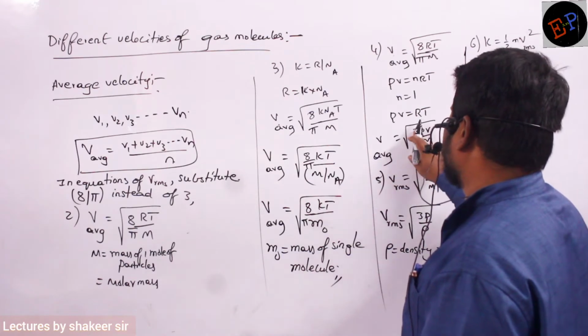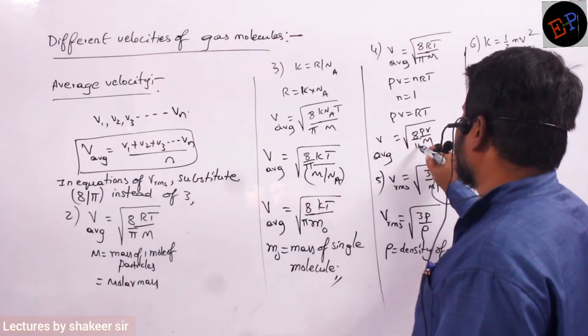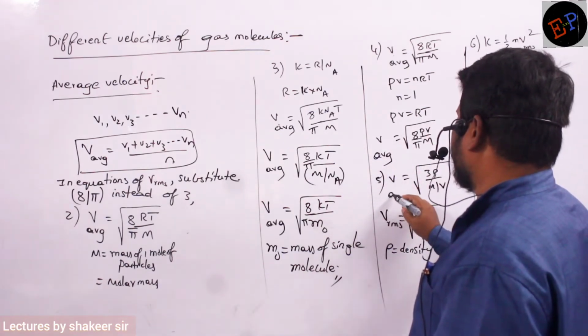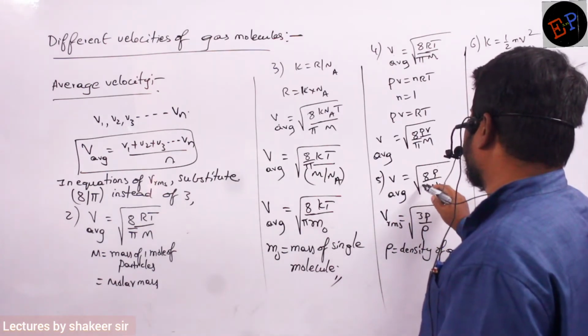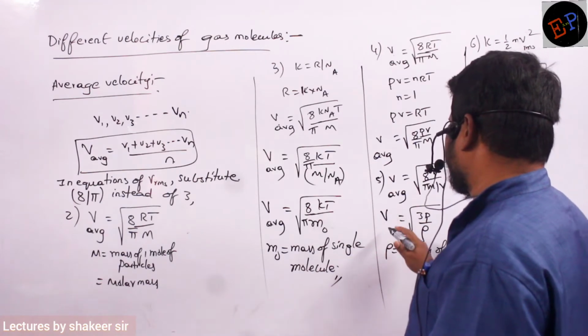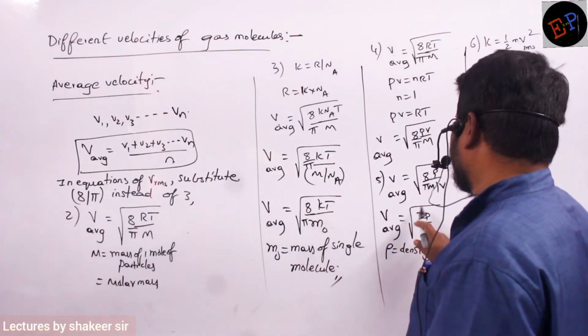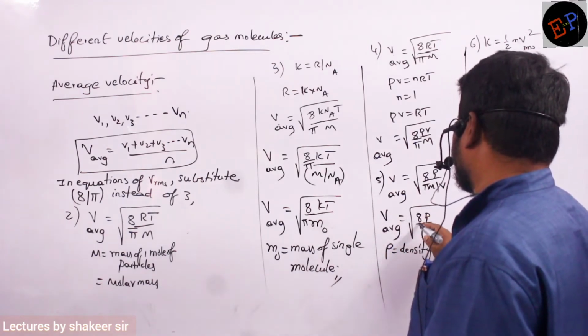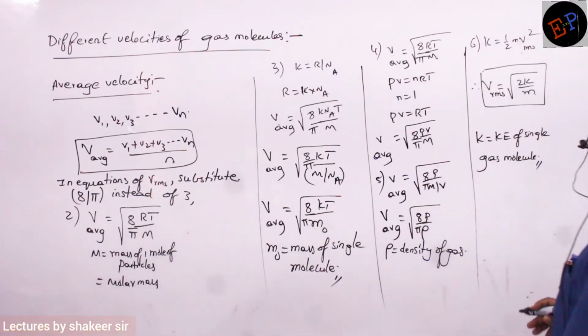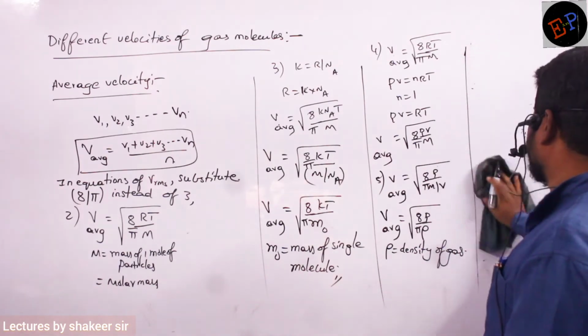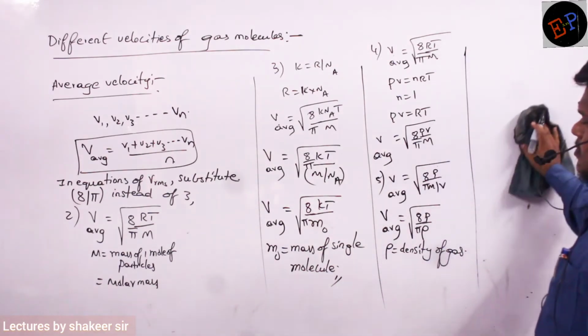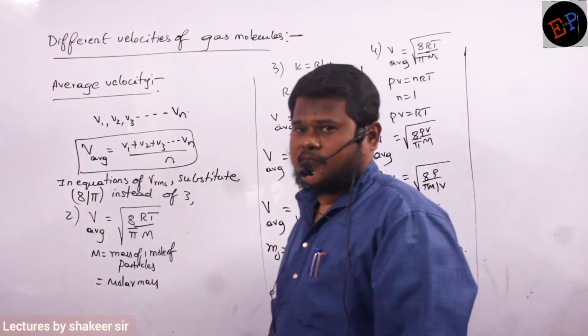Average 8 by pi. Average 8 by pi. And this one is not satisfied. The sixth one is not satisfied. So these are the equations of average velocity.